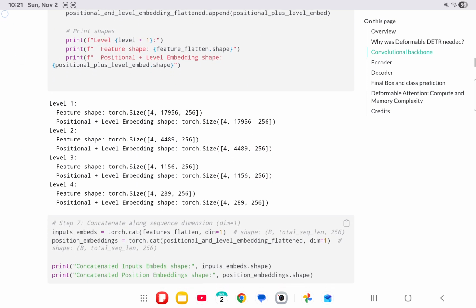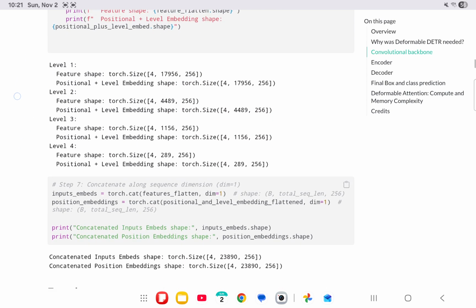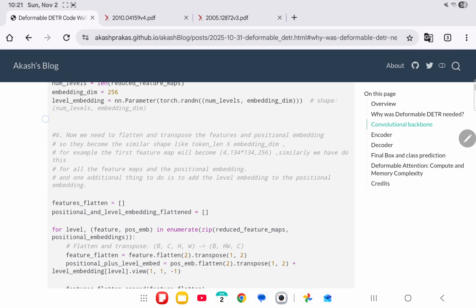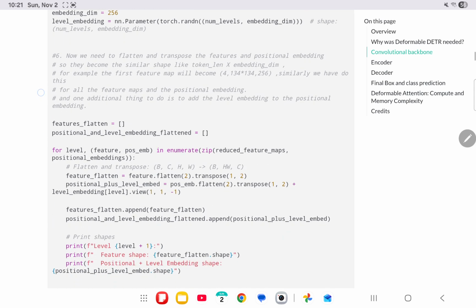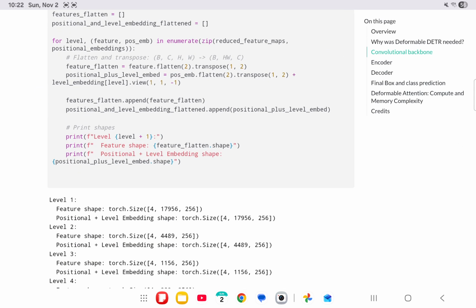And finally, one more thing that we need to understand here is, we have four different levels, right? The network should have an embedding for differentiating four different levels. So this is a learnable embedding of size, say, 4 comma 256, one for each level. And what we do is we just flatten all the feature maps and add them up. So this will be from 134 comma 134, and this will be from 67 comma 67, like that.